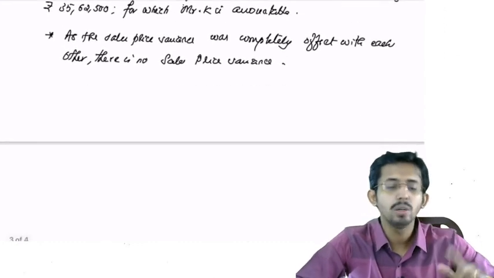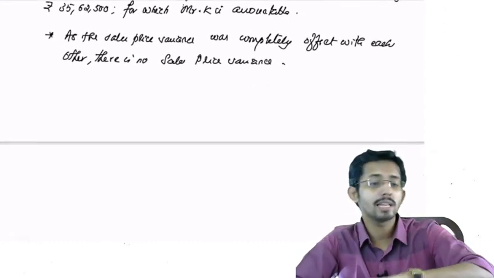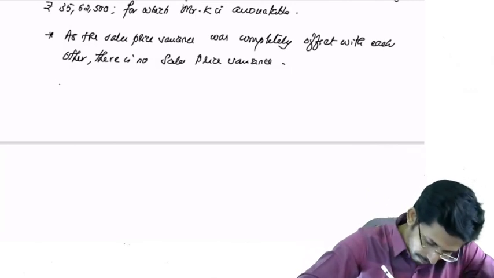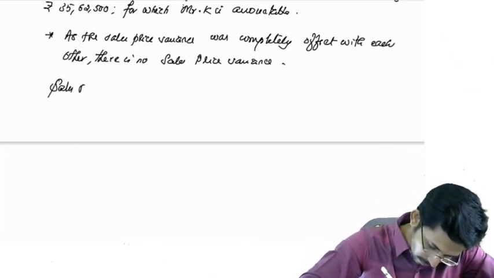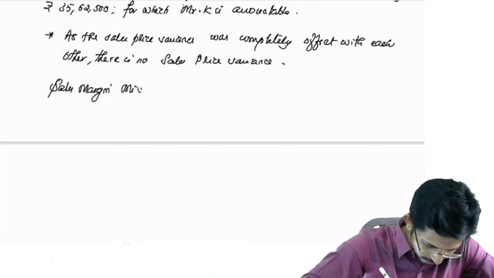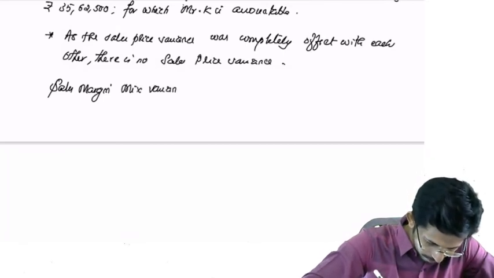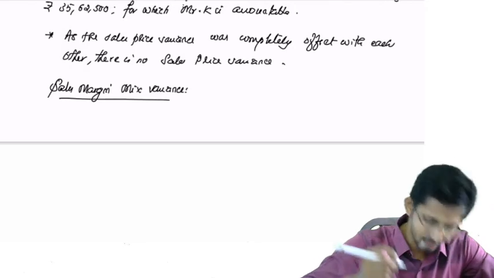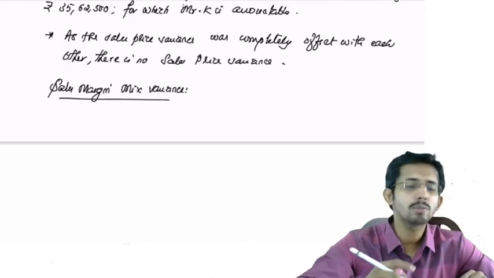Okay, now what do you have to do? There is one more requirement, to compute the sales margin mix variance. Why do you have to compute the sales margin mix variance?